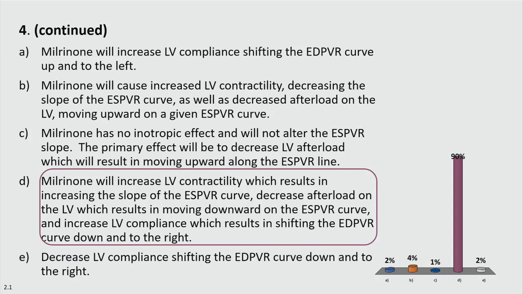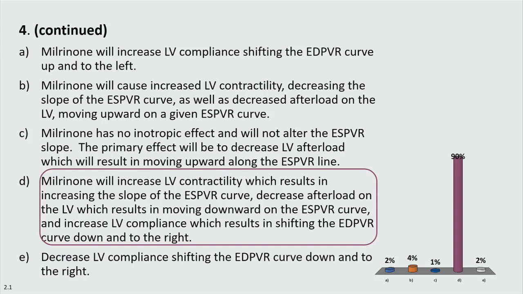Even doing echoes after you start individuals on milrinone doesn't show a lot of changes in contractility. But there's lab evidence in animals, and a lot of the effects that milrinone produces in cardiac index are mostly peripheral.